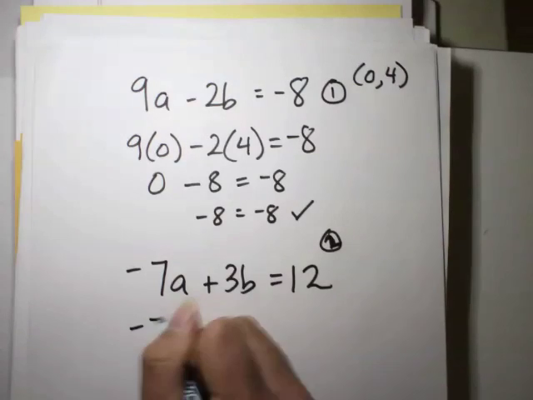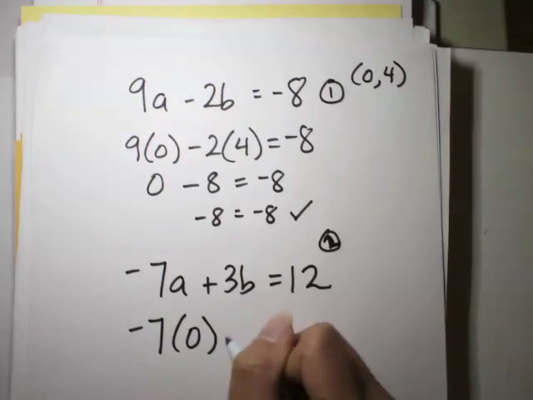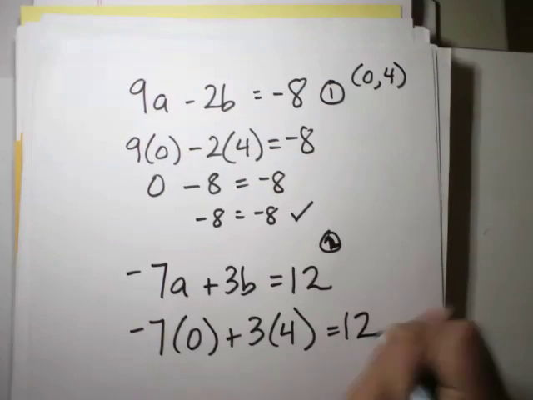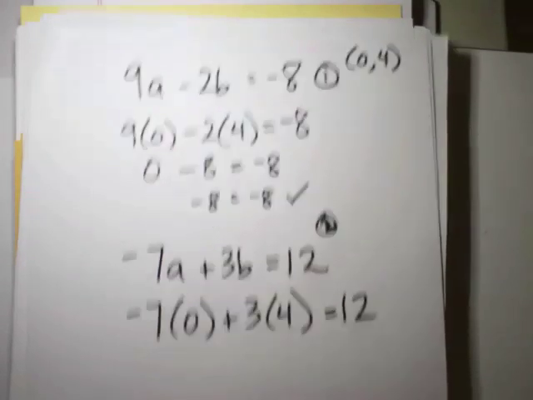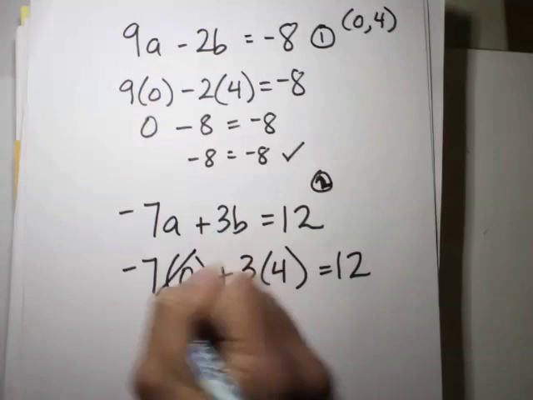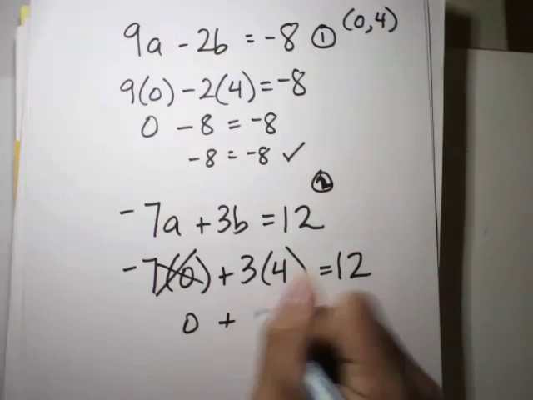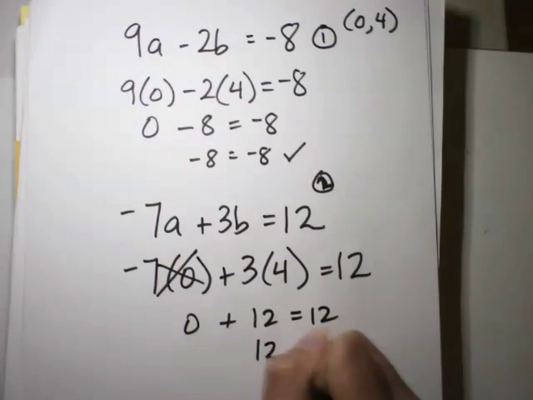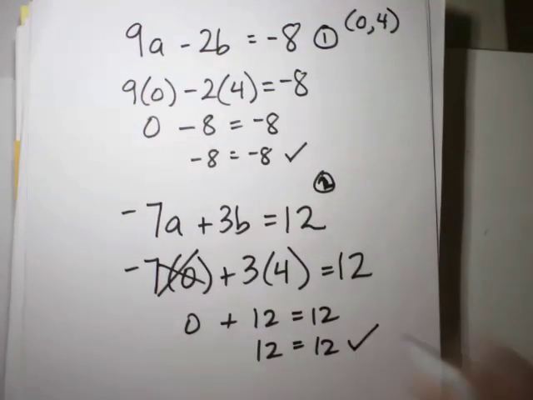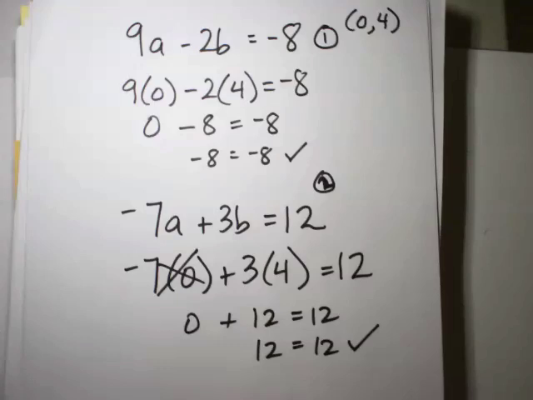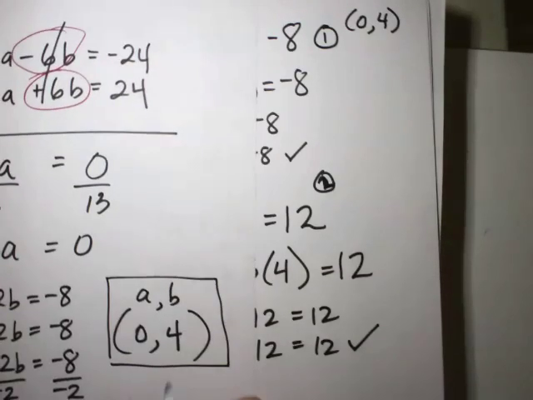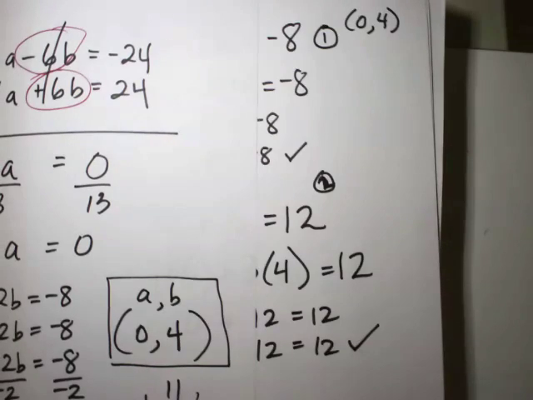Let's substitute in 0, substitute in 4, and see that it checks out. Negative 7 times 0, that of course is 0, plus 3 times 4 is 12, and 12 is indeed equal to 12. So we know now that our solution does check for both, so we can stop there.